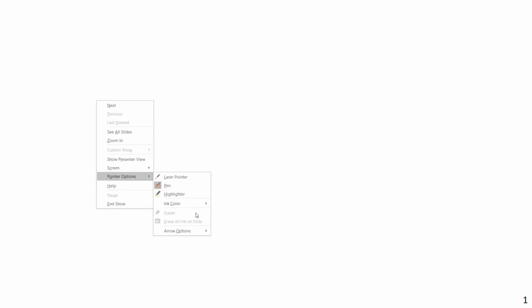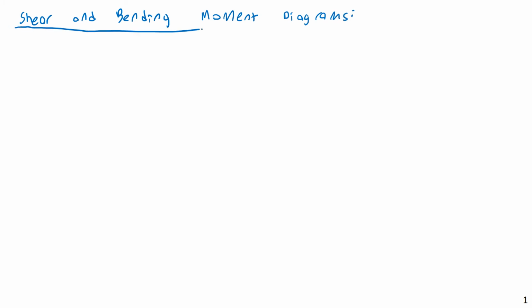In this portion of the lecture, we're going to start looking at a topic that I really enjoy, and that is shear and bending moment diagrams, one of my actually favorite parts of statics class. So let us review what we have learned previously.